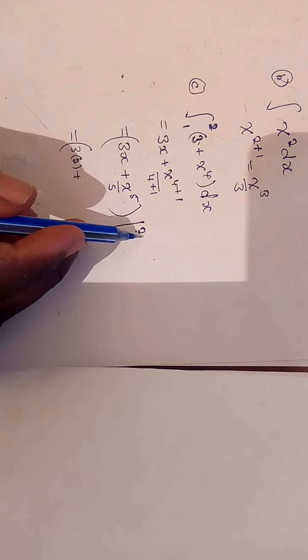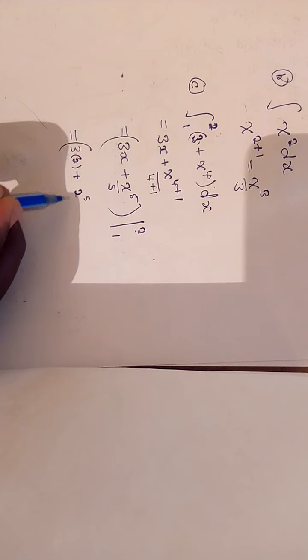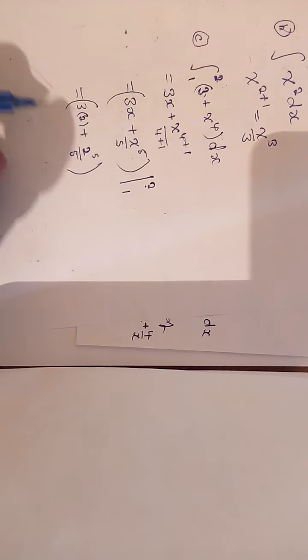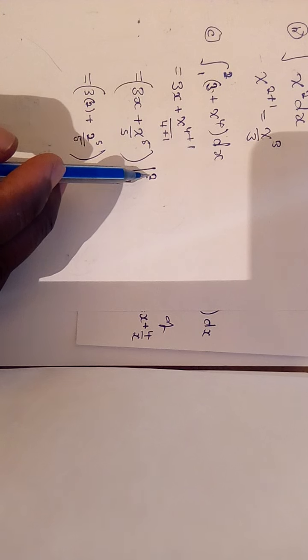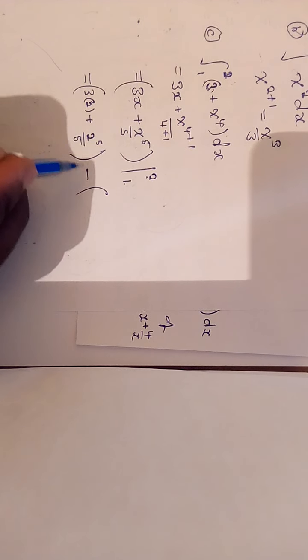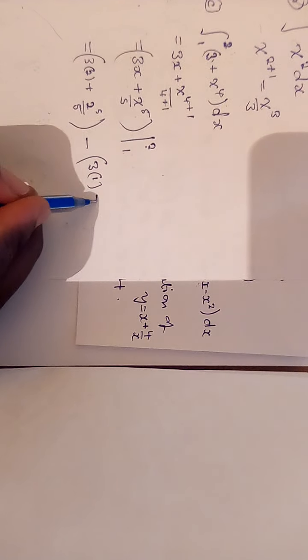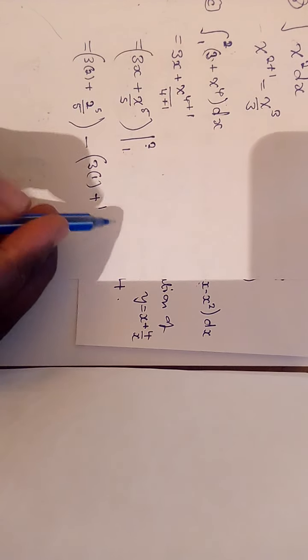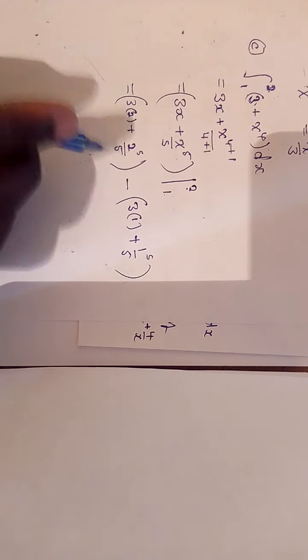So you start with the number that is on top, you put it where there is x, and then the other one goes there. You are done with one number. You go to the other number, which is down there. You say minus, where there is x, put 1, 3 times 1 plus 1 to the power 5 over 5. And then you solve there.